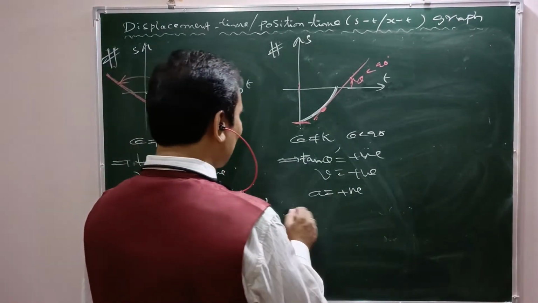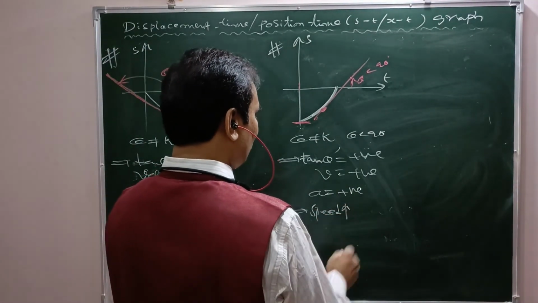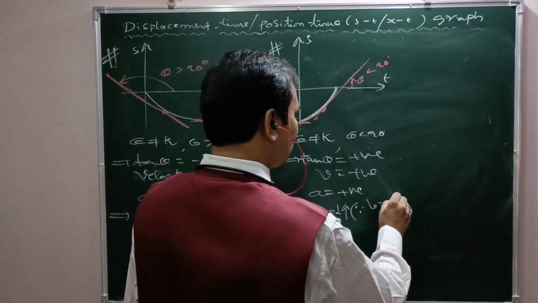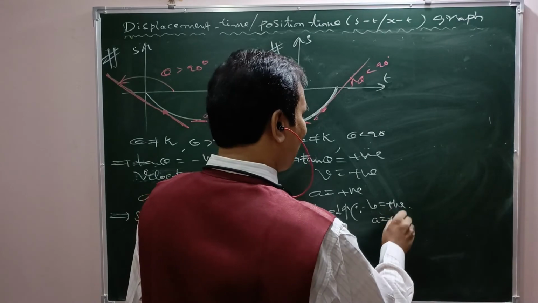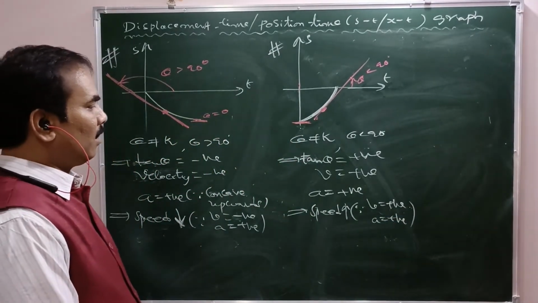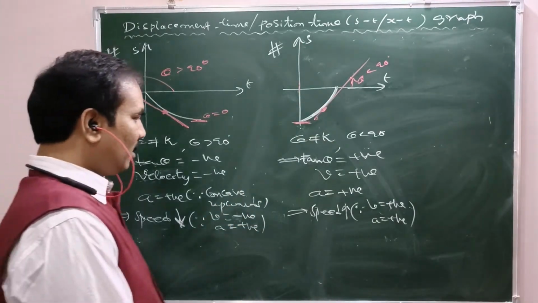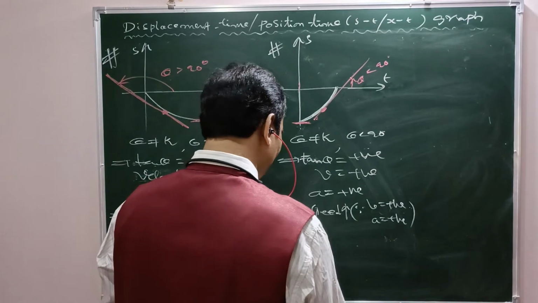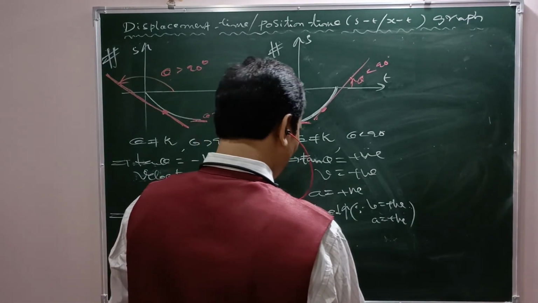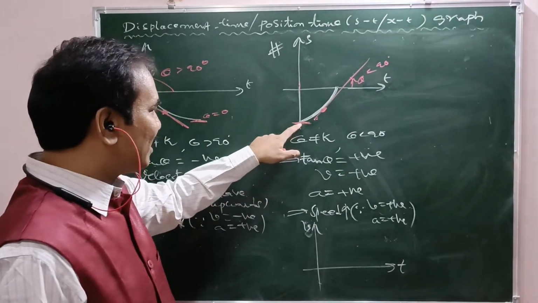Speed is increasing, since V is positive and A is also positive. Same sign. Now, if I convert the s-t graph into a v-t graph, initially what is the slope here?